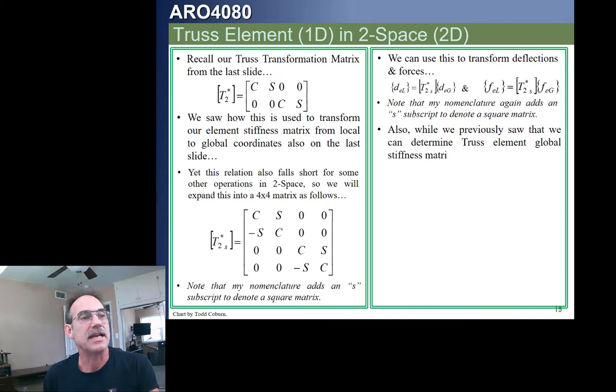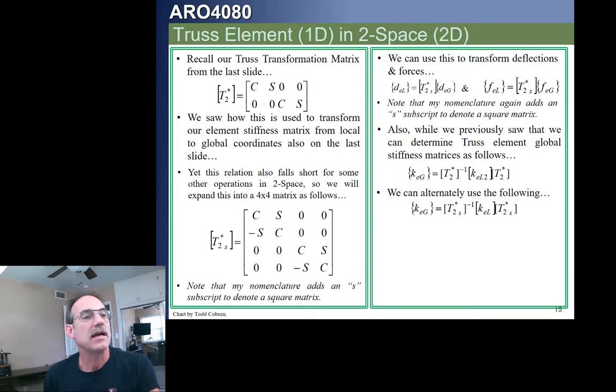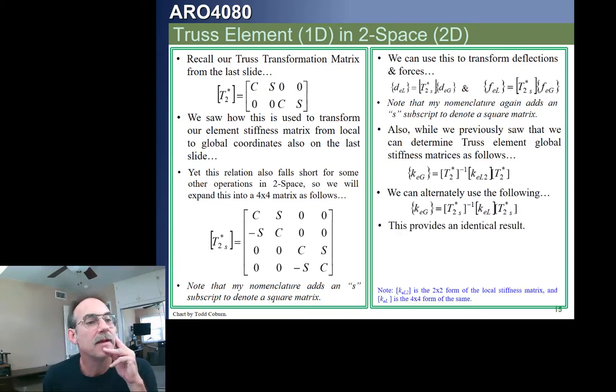Our displacements and our forces. This is what we did to convert our element stiffness matrix into global coordinates. We can also use this secondary transformation. We're going to use T2 star S with our KEL. KEL was that full matrix, and the KEL2 was a little 2x2 matrix. Okay? That's how we can do this.